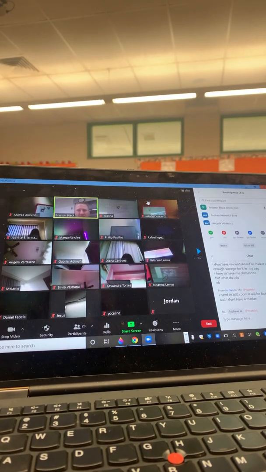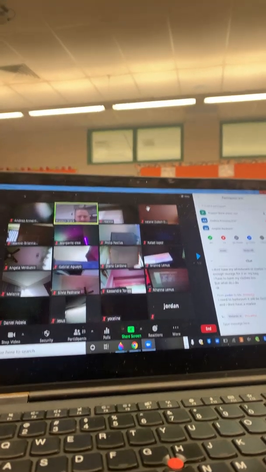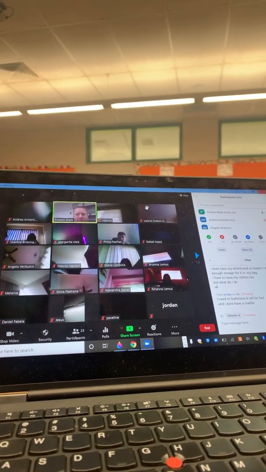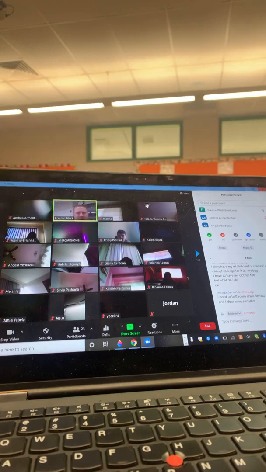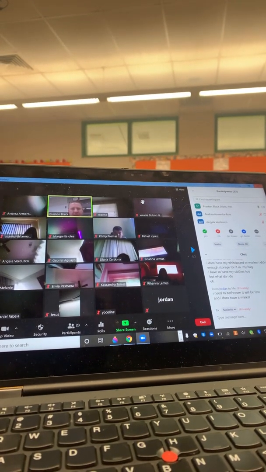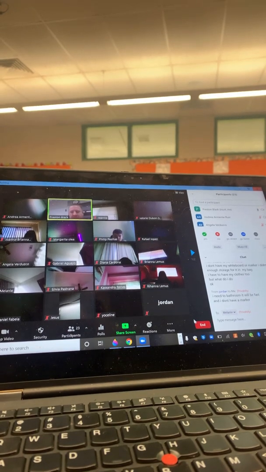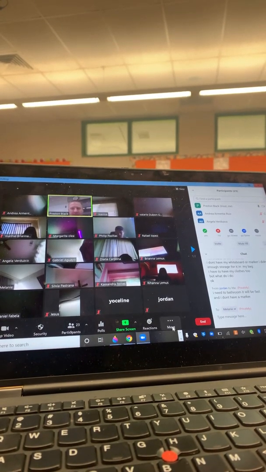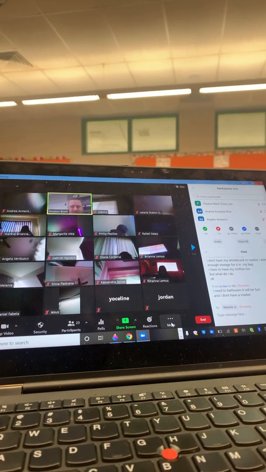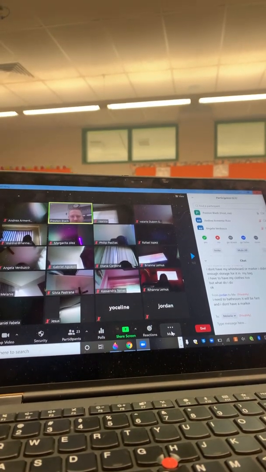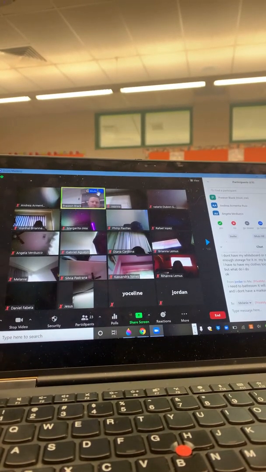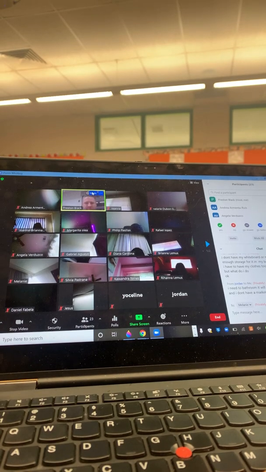Good. All right, now I would like you to draw an arrow and label the base of the problem and label the exponent of the problem. The base and the exponent. I'll give you guys 15 seconds.